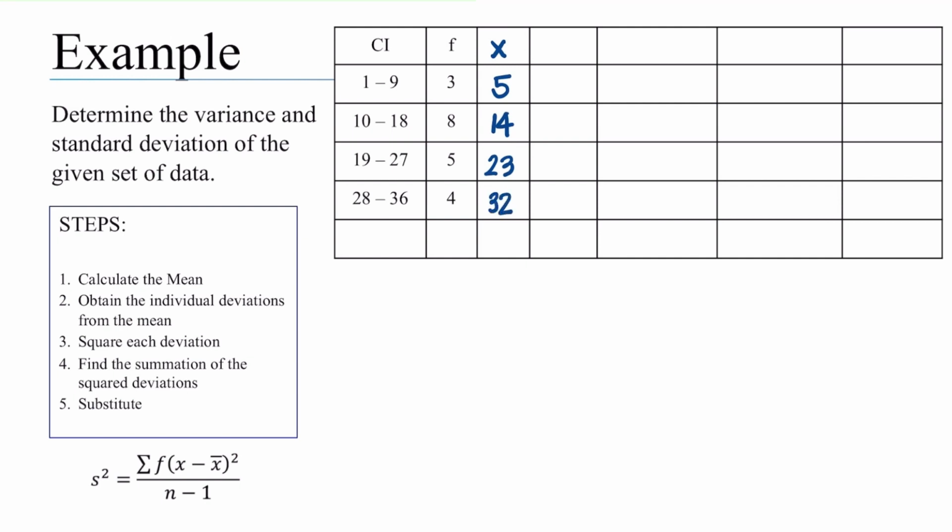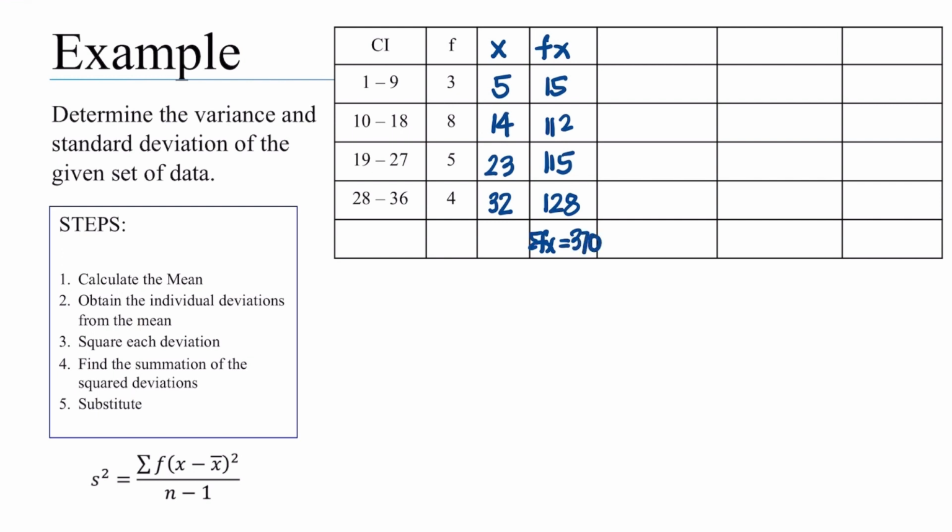Then multiply it. fx. That gives you 15. 8 times 14 is 112. 5 times 23 is 115. 4 times 32 is 128. Next to that, we will get the summation of fx, which is 15 plus 112 plus 115 plus 128, which is 370.